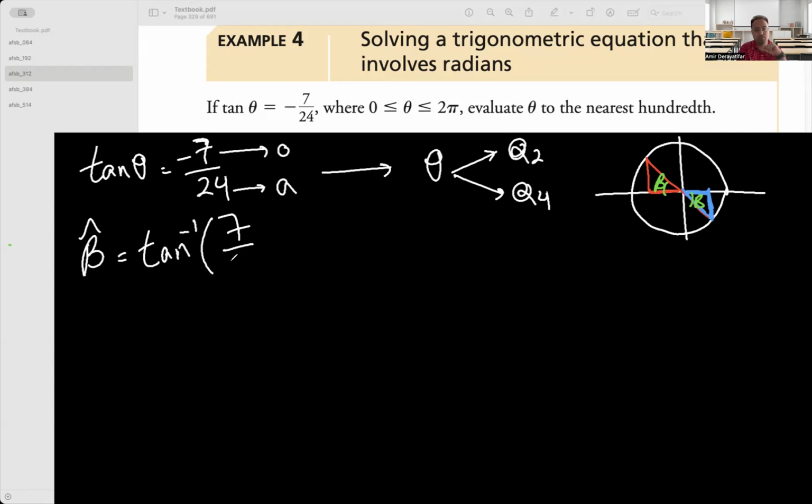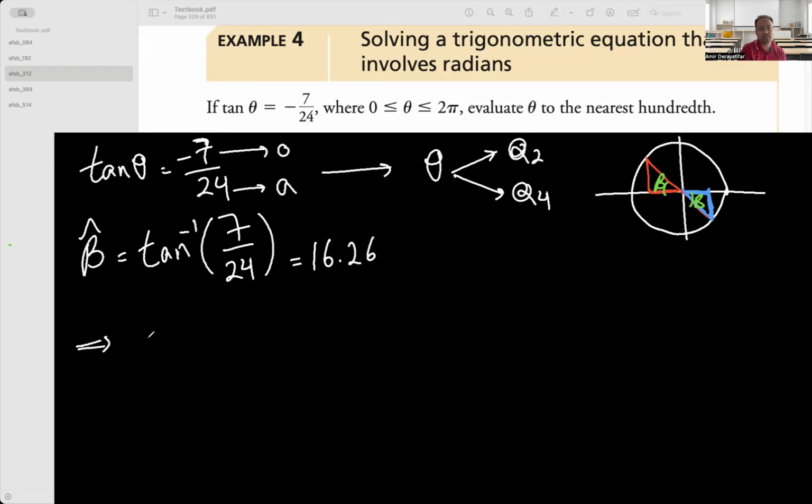So -7 over 24, you just put +7 over 24 in the calculator. Why? Because I want to find beta, which is the positive value there. So tan inverse of 7 over 24, to the nearest hundredth, that would be 16.26, as the question asked. Nearest hundredth means 2 decimal places, 16.26. Okay. So that is beta.